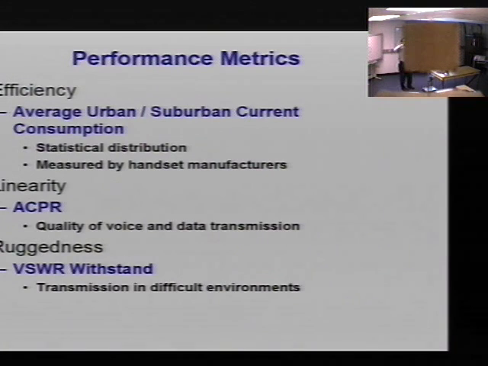Excuse me, I have a question here. You just mentioned that voice and data traffic will have different peak to average statistics. No, the average urban and suburban current, the probability distribution function versus power, will shift upward because one will have to transmit at relatively higher powers in order to have a relatively low bit error rate at these high data rates.